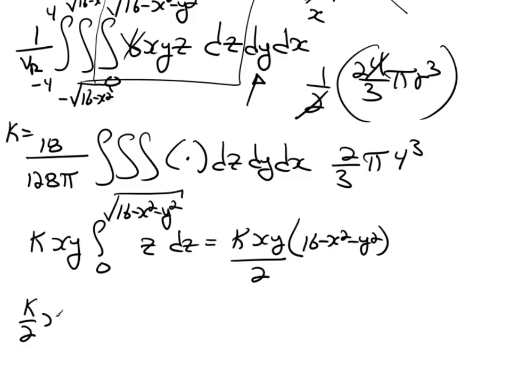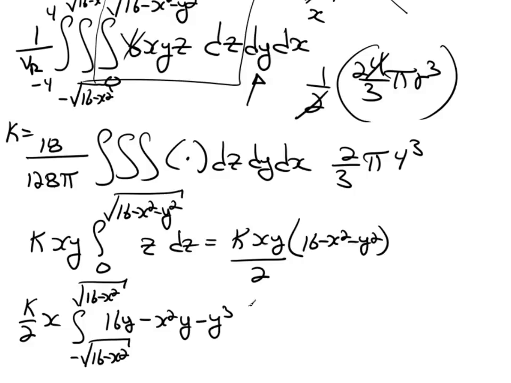I'm just going to leave this x out here, times the integral from negative square root of 16 minus x squared to the positive square root of 16 minus x squared of, when I multiply this y through, 16y minus x squared y minus y cubed dy.